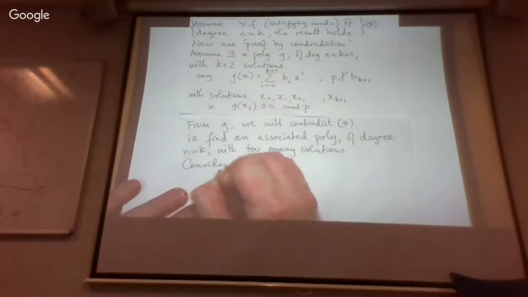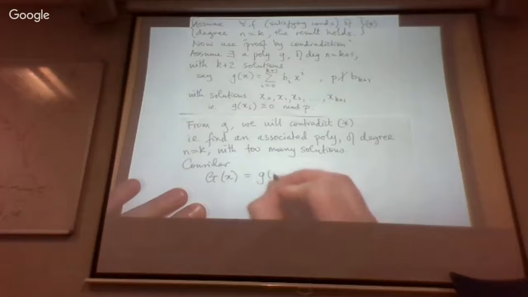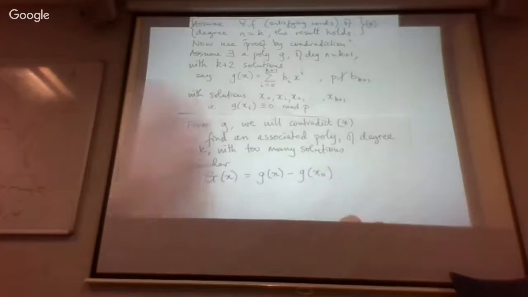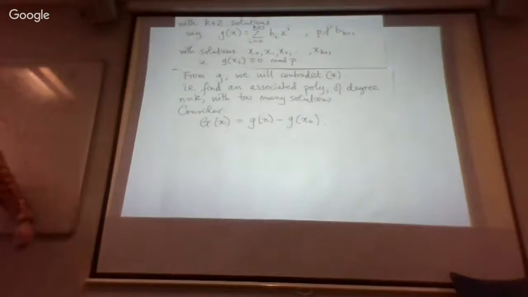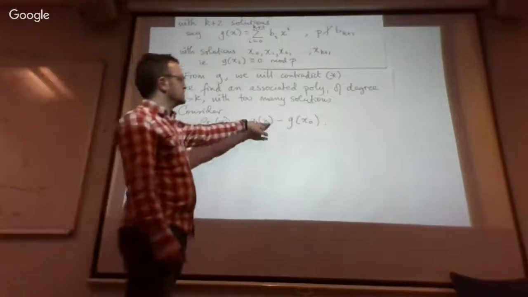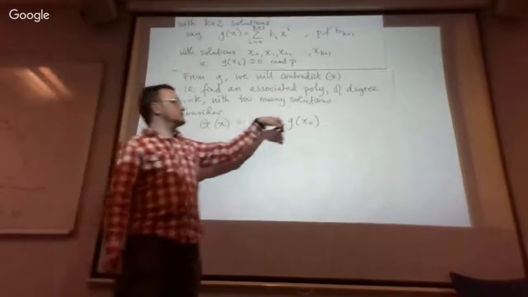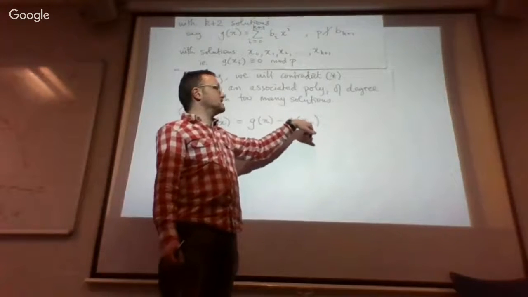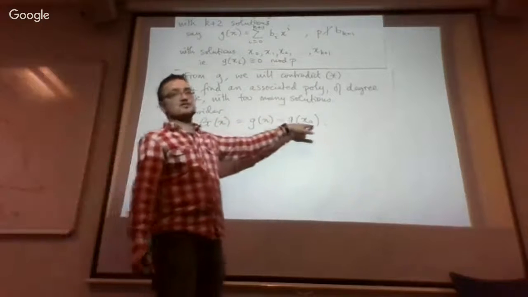What we do is we consider a new polynomial called capital G. Capital G is formed from the little g, except we change the constant. So g of x, that's the general polynomial part, but we subtract the value that g has evaluated at the first solution. Remember, that's not the integer 0.